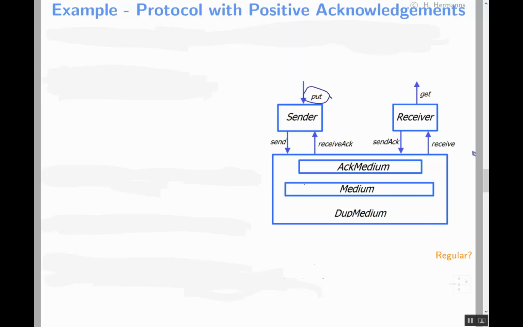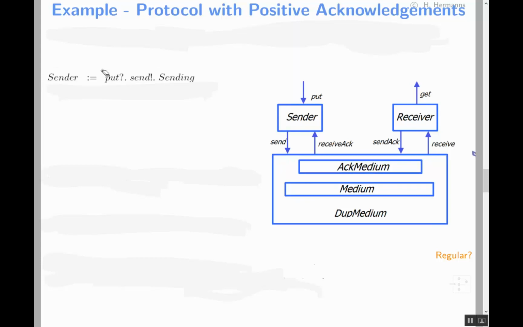So we can do put, and then essentially magic happens that is not visible, right? And there will be then a get, and then there will be probably a put, then a get, and so on and so on. So that's what's going to happen. So let's first have a look at what the sender does.